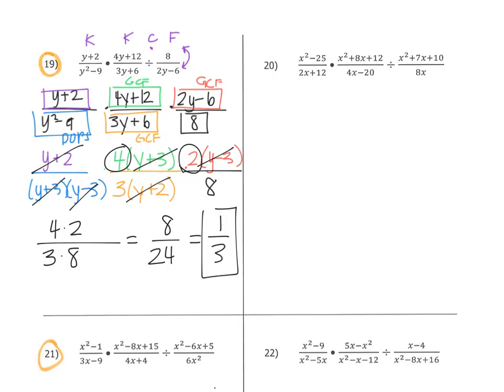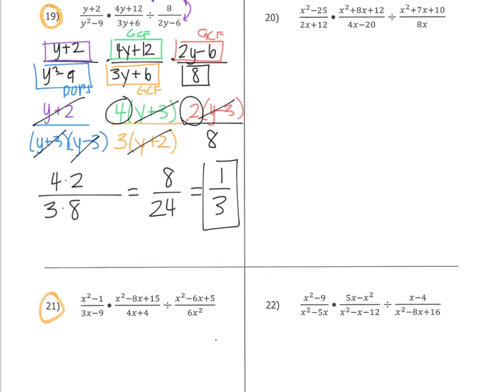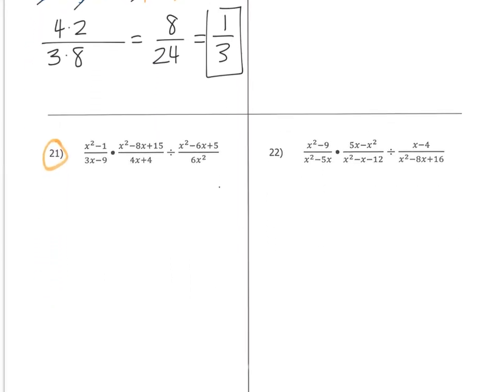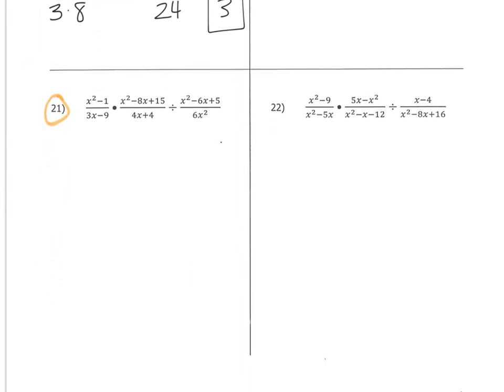Then we're going to take a look at number 21. I want you to start this process by keep, change, flipping, whatever it is that you need to keep, change, flip. Well, I don't know what it is. Look at the previous example. Write down what your new problem is, and then start factoring.